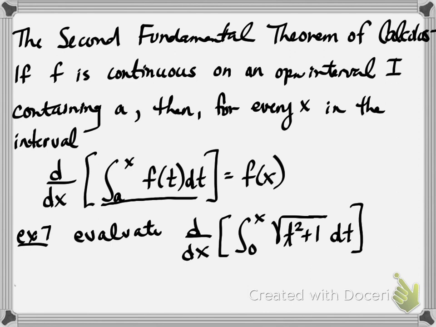We just are going to notice that it's going to fit this perfectly. So all we do is we change the f function to a function with x. So we change it to be the square root of x squared plus 1. That's it.